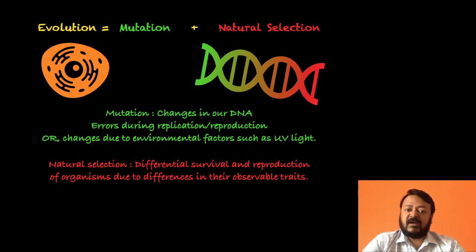So basically, you have this cell which has DNA, which is its information carrier. DNA undergoes mutation due to various reasons, and then because of these mutations, there can be certain observable traits that we may be able to see in the cell, and if these traits are useful in some way, then they can be propagated further into future generations by this process called natural selection.